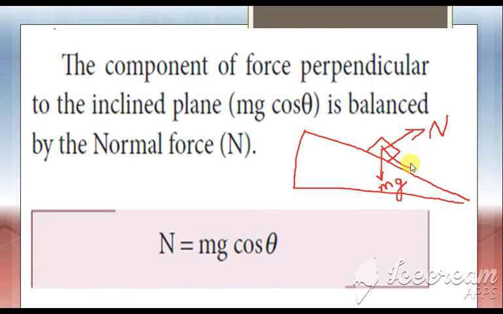Now this mg we are going to split into two components: mg cos theta, and on this side mg sin theta.